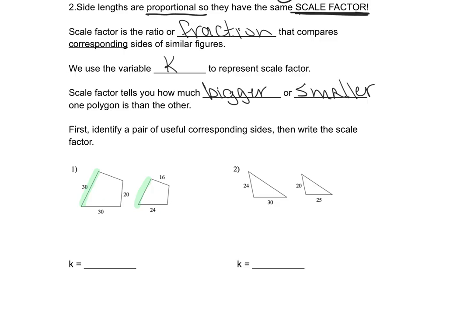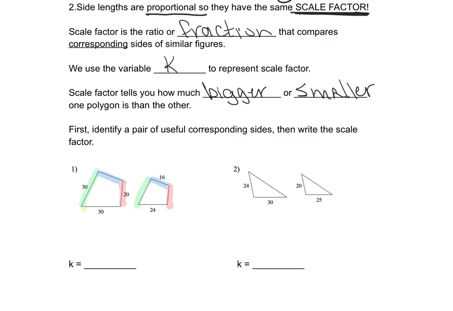Not very helpful. And then if I said this one and this one, the two blues, well, yeah, those are corresponding, but that's not helpful for us to write a fraction comparing the two, because we don't know the number for the blue on the left. And then if we said 20, and over here, again, the pinks are not helpful because they have a 20, but I don't have anything on the other side.